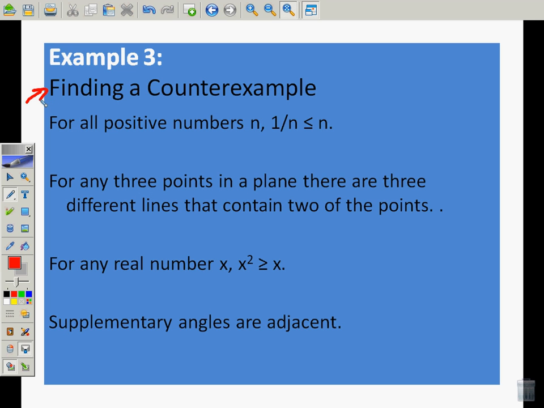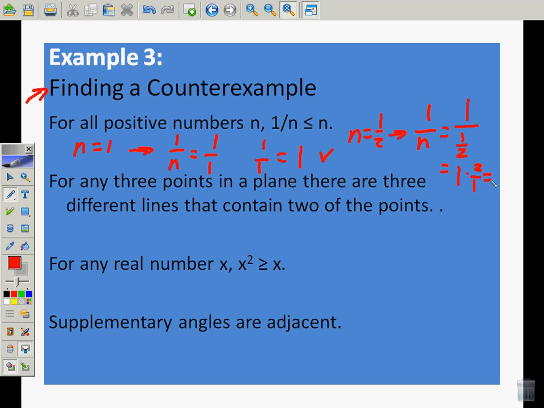Okay? So for all positive numbers n, 1 divided by n is less than n. So let's look. What if n was equal to 1? It would follow that 1 divided by n would equal 1 over 1. Should be 1. So 1 over 1 is equal to 1, so it's true. But what if n was equal to 1/2? Then we would have 1 over n is equal to 1 over 1/2, which would be equal to 1 times 2 over 1, because we divide by a fraction, we multiply by the reciprocal, is equal to 2.